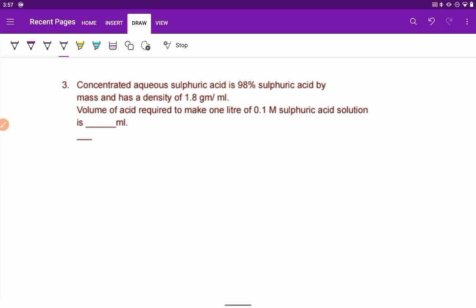Concentrated aqueous sulfuric acid is 98% sulfuric acid by mass and has a density of 1.8 gram per ml. Volume of acid required to make 1 liter of 0.1 molar sulfuric acid solution. This we have to calculate. Okay. So let us see how to approach this.